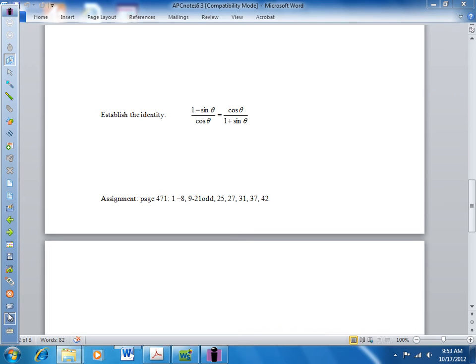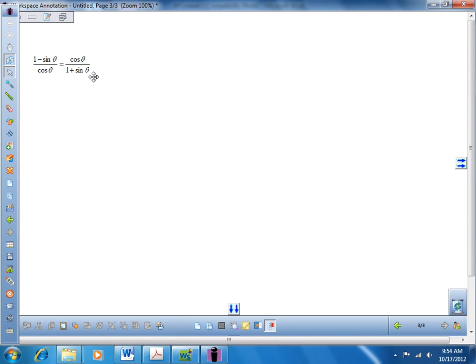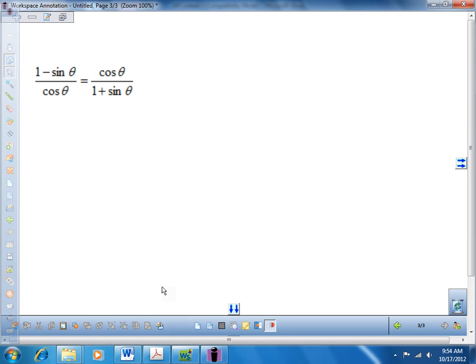Okay, so now we're pretty well versed. We're good at this. So who can tell me, establish the identity? Who wants to guess what I should do? Conjugate. Very good. So you don't multiply both sides. Since both sides are kind of the same level of complexity, you can either work with the left side or the right side.